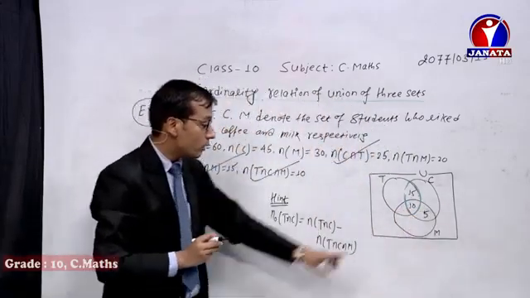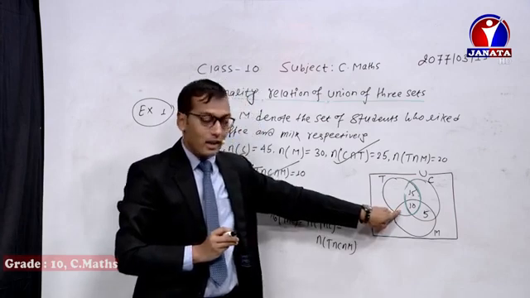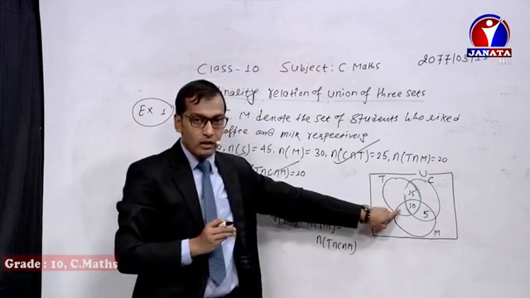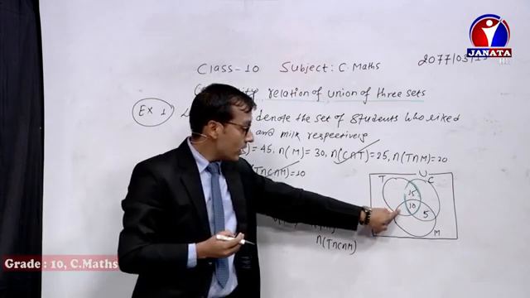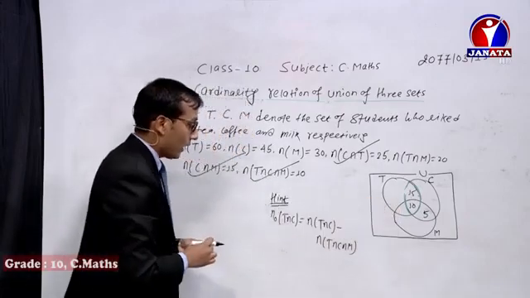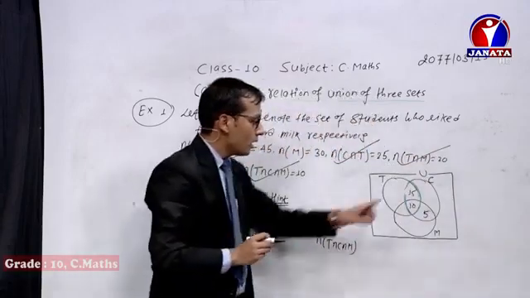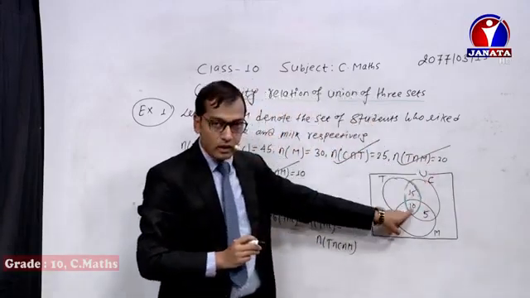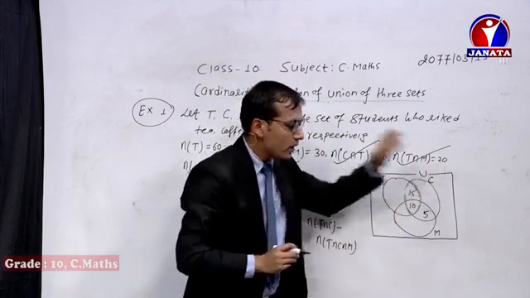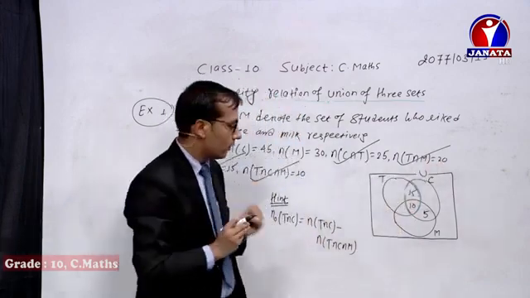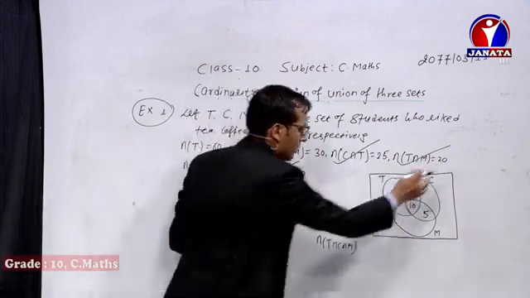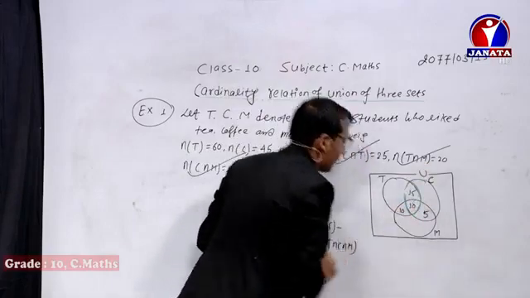Now let's move to the next region. This is the common region of T and M only. What is the cardinal number for this? T ∩ M is 20. If we deduct 10 from 20, we get the number for this region. So 20 minus 10 is 10.